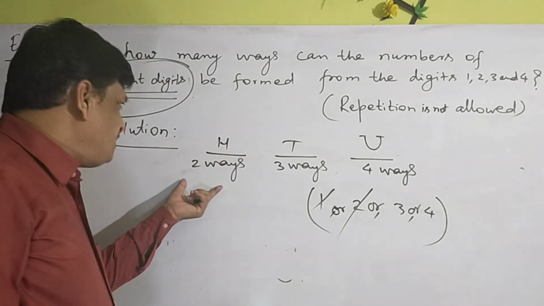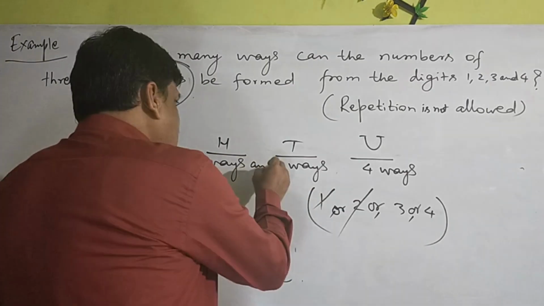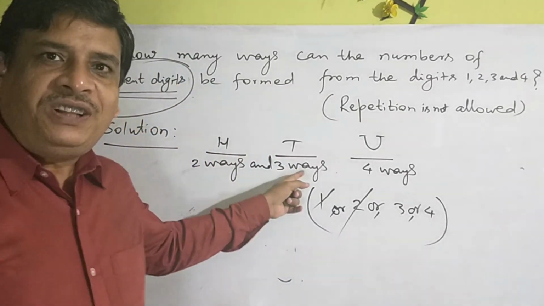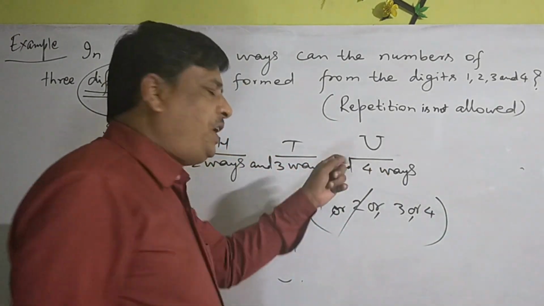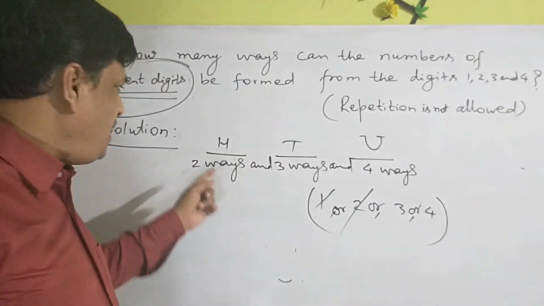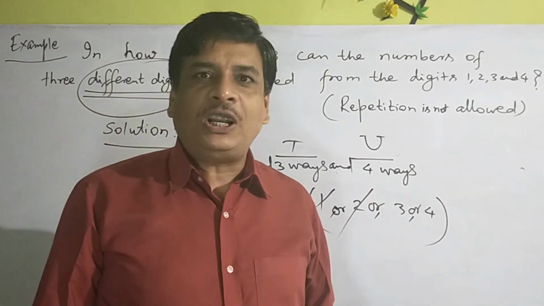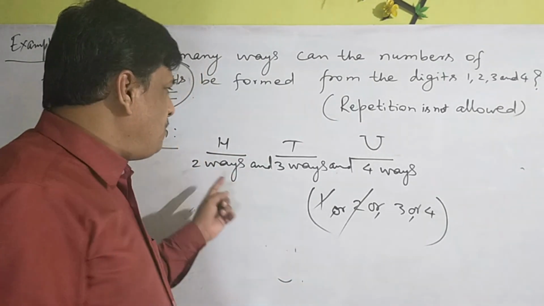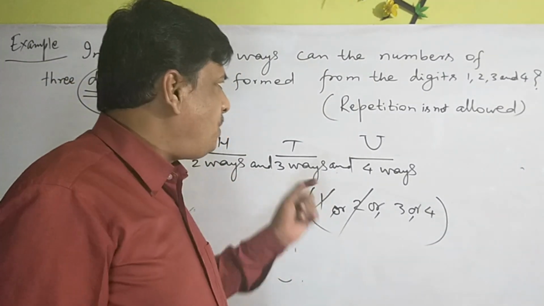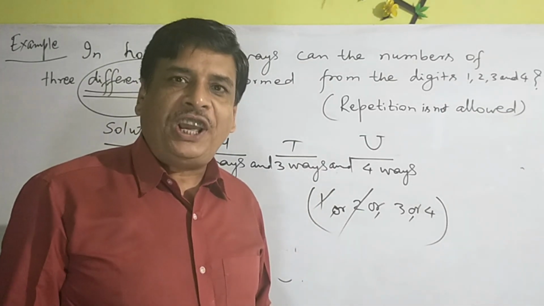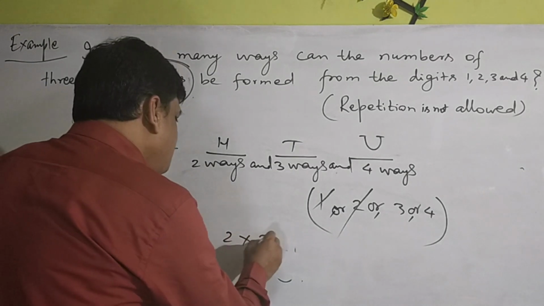So there are 2 ways of filling the hundreds place, 3 ways for filling the tens place and 4 ways for filling the units place. We have to count the total number of ways by which numbers of 3 different digits can be formed from the digits 1, 2, 3 and 4. By the basic principle of counting, we multiply these 3.